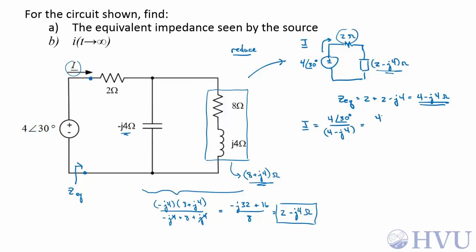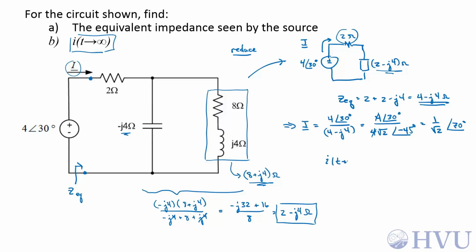So that becomes, now definitely this is going to be easier in polar coordinates, so this is 4 at an angle of 30 degrees over 4 square root of 2 at an angle of minus 45 degrees, which becomes, let's see, the 4's cancel. 1 over square root of 2 is the magnitude, and 30 minus a minus 45 is positive 70 degrees. So we need I of t. This is a phasor. That's not our final solution.